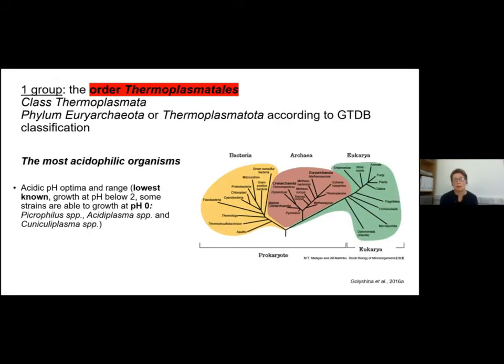And these Thermoplasmatales organisms are the most acidophilic prokaryotic organisms known so far. They have very low pH optima and pH range. They are mostly growing at pH lower than 2, and some strains are also able to grow at pH 0, for example, Acidiplasma, Ferroplasma, as well as Cuniculiplasma, and Picrophilus is also able to grow at negative values of pH.